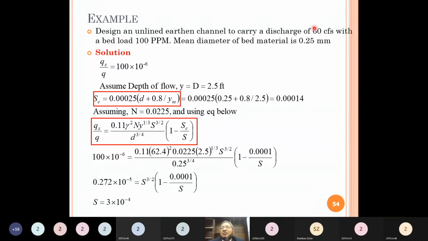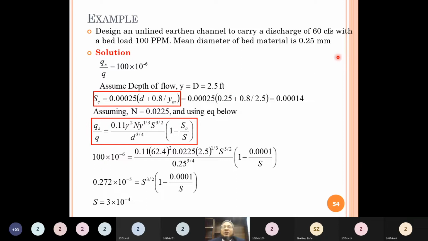But if we want to design for 600 cusecs or 1200 cusecs, we should assume a bigger depth. Whatever depth you assume and design the channel accordingly, finally you get the dimensions. And at that stage, if it looks like these dimensions don't look nice, then you can revise. You can assume another value of D, and the other dimensions will be computed accordingly.